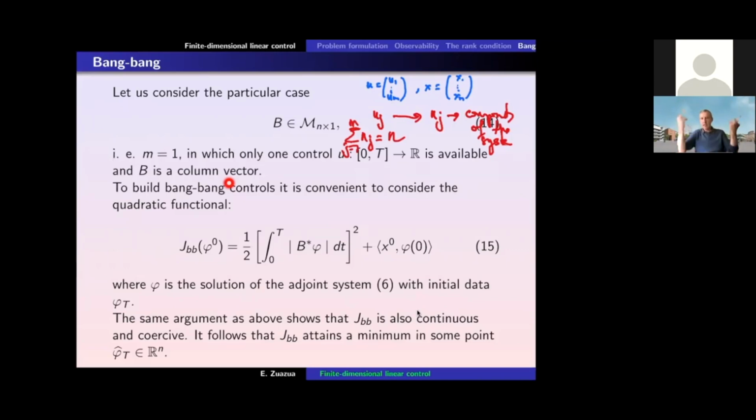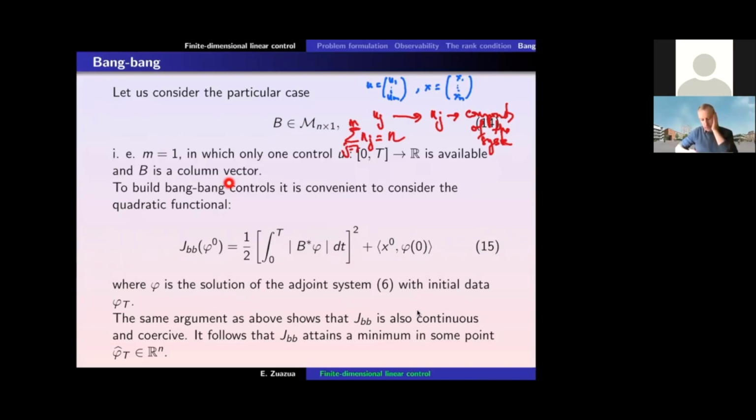That's a very natural condition. If you have just one control, it has to control all the components. If you have two controls, one control can control N1 components, the other one can control N2 components, right? And of course, in order for the system to be controllable, it is important that the superposition of N1 plus N2 is the full system, right? Okay.